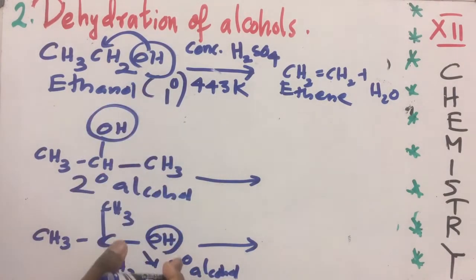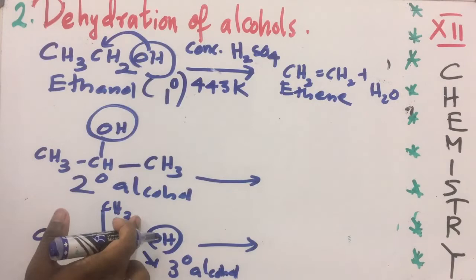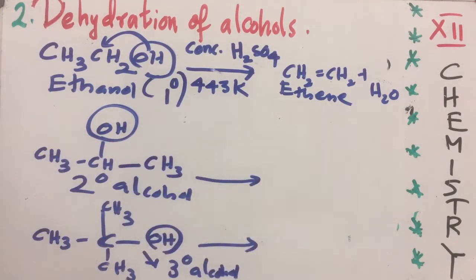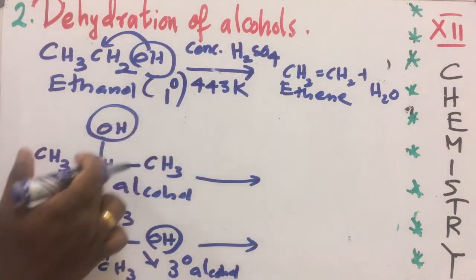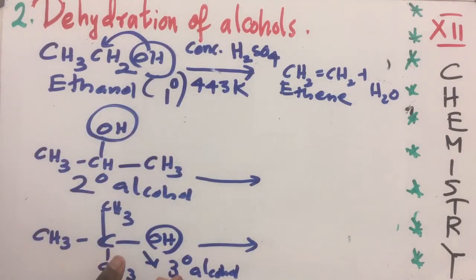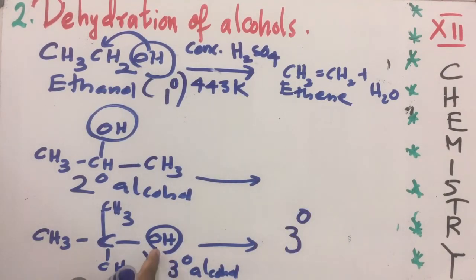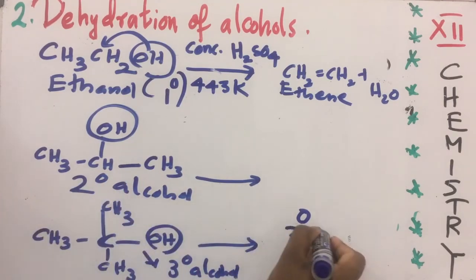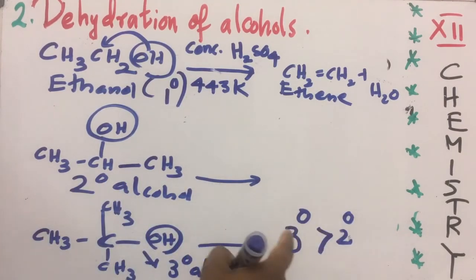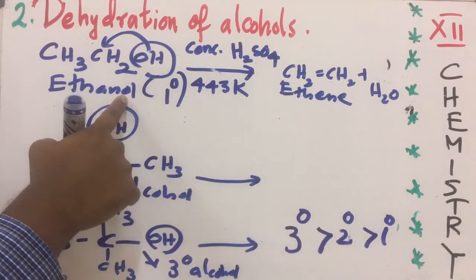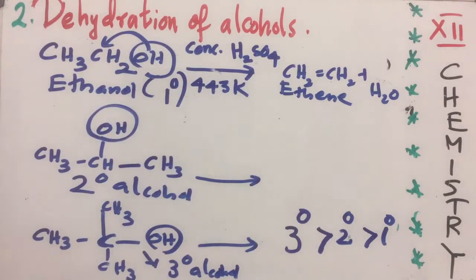These three alcohols, primary, secondary and tertiary, undergo dehydration in different ways. Out of these three, tertiary alcohol can easily undergo dehydration. That is, tertiary alcohol is more reactive than secondary alcohol, and secondary alcohol is more reactive than primary alcohol towards dehydration reaction.